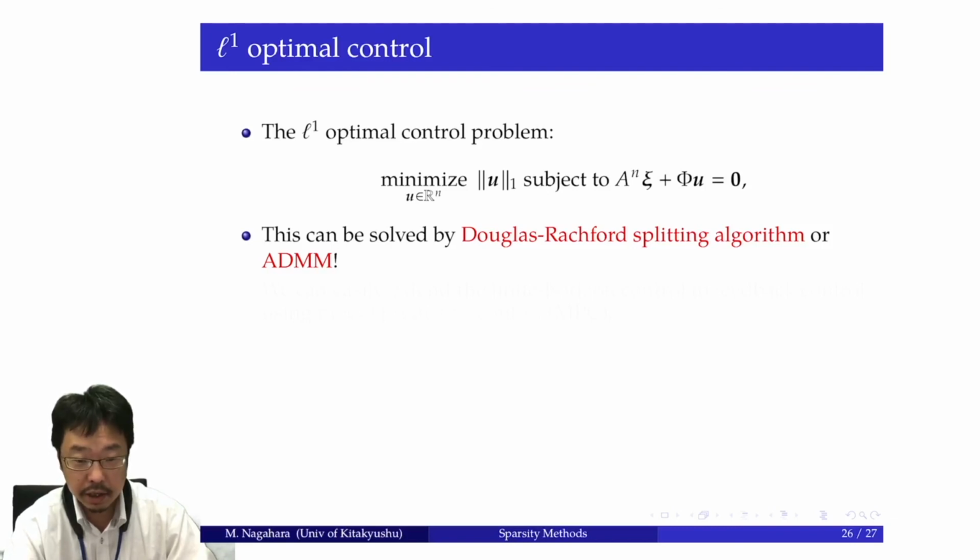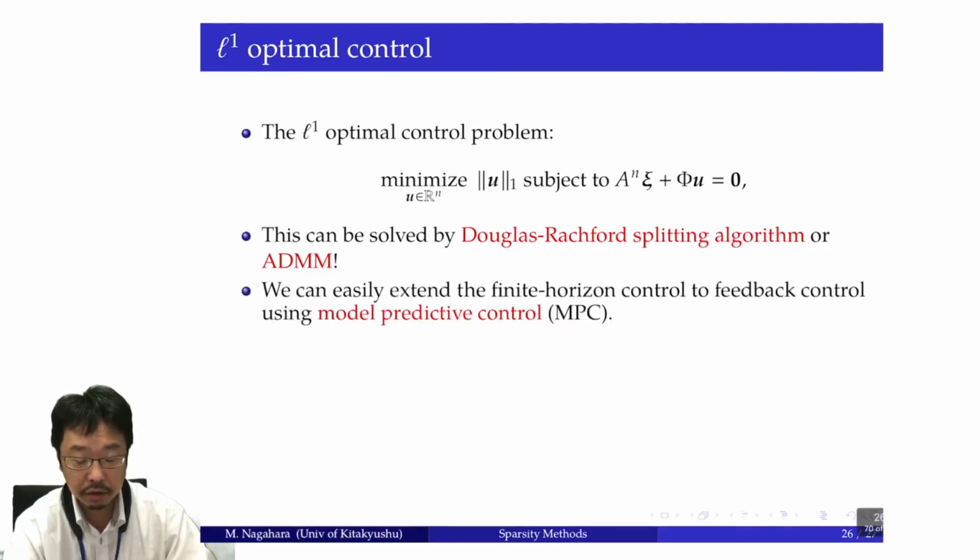Then we can easily extend the finite horizon control to feedback control using model predictive control, MPC, formulation. It is important to prove the stability of the feedback control system.